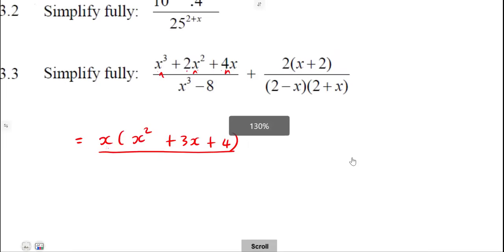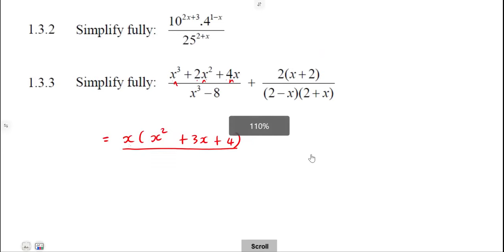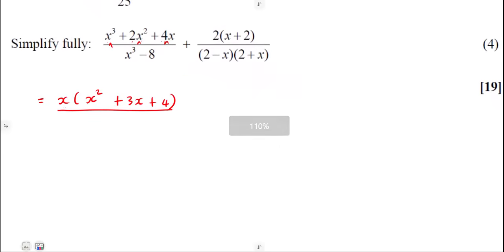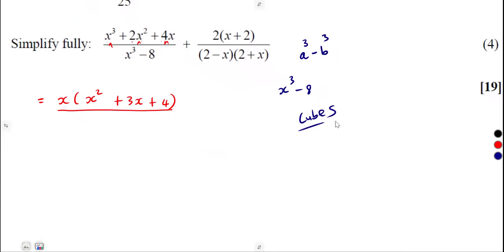How can we factorize this? All right, let's go back to this one. x cubed minus 8. Remember, from our difference of two cubes, when you're dealing with two cubes, a cubed minus b cubed is equal to a minus b into the bracket of a squared plus ab plus b squared.